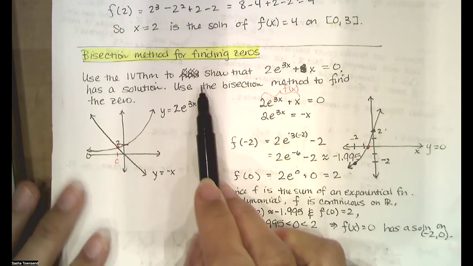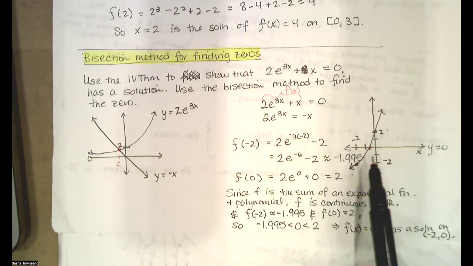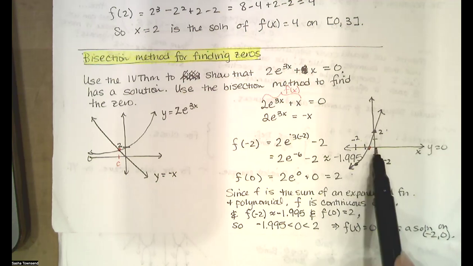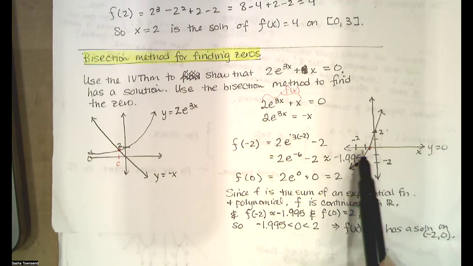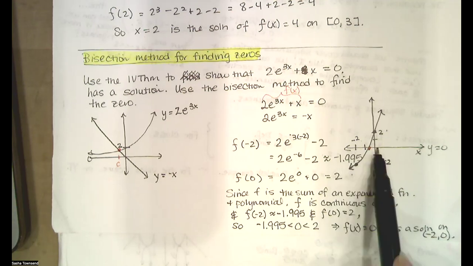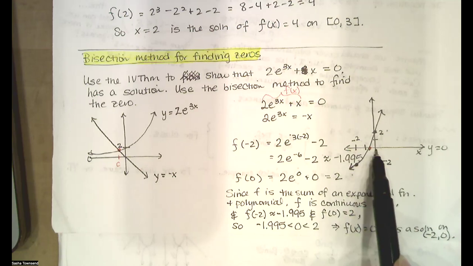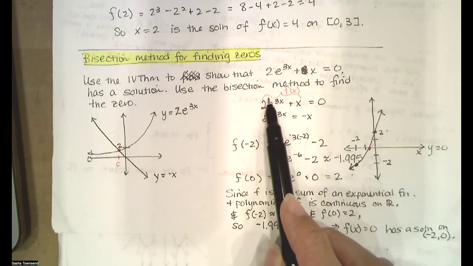Now, this says use the bisection method to actually find the 0. Well, I know that the equation has a solution on the interval from negative 2 to 0. I just don't know, is it between negative 2 and negative 1, or is it between negative 1 and 0? That's what we call the bisection method.